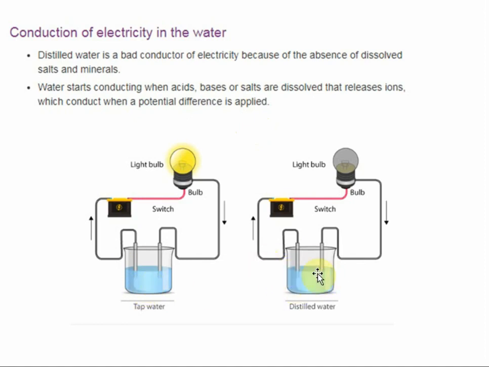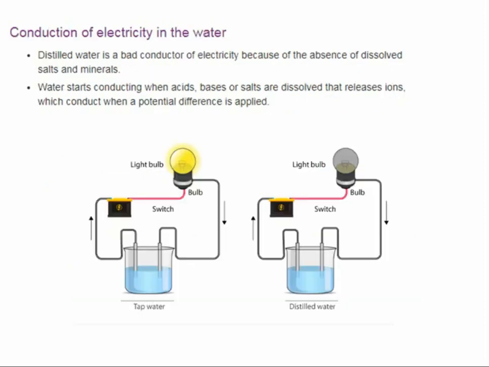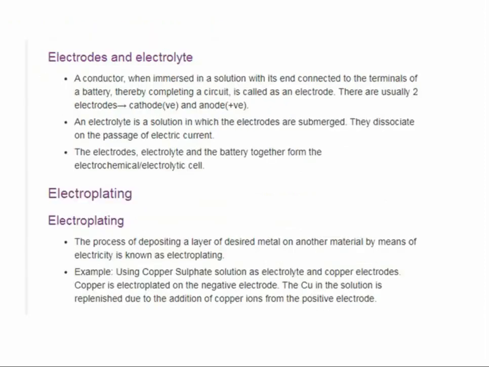These two rods are known as the electrodes, and the negative side connected to it is the cathode and the positive side is the anode. The electrolyte is a solution in which the electrodes are submerged. So here the electrolytes are tap water and distilled water in which these rods are submerged.